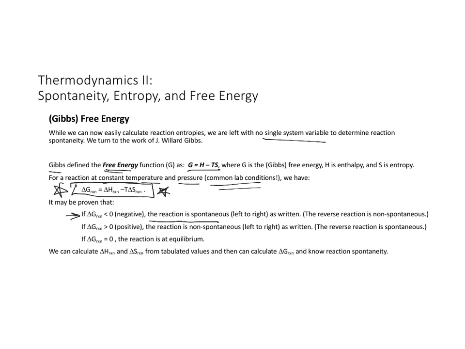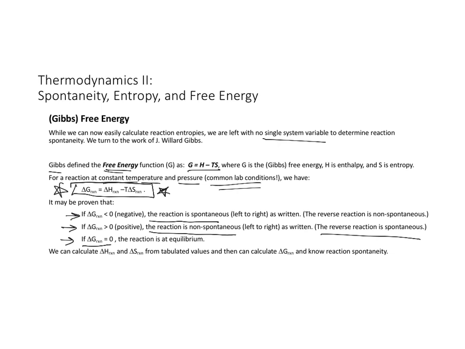If it's negative going left to right, then it's positive going right to left, just like enthalpy. If delta G of the reaction is positive, then the reaction is non-spontaneous left to right, and the reverse reaction is spontaneous. Special, or third, case: if delta G is 0, then the reaction is at equilibrium.